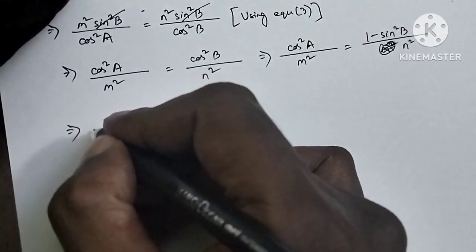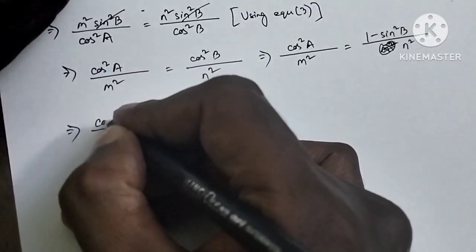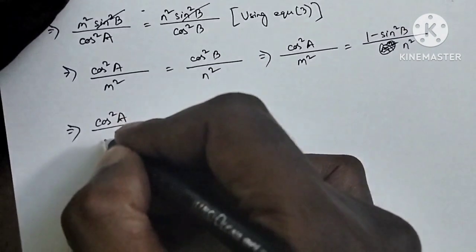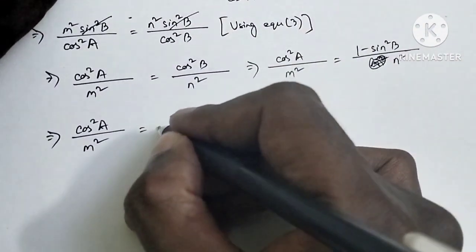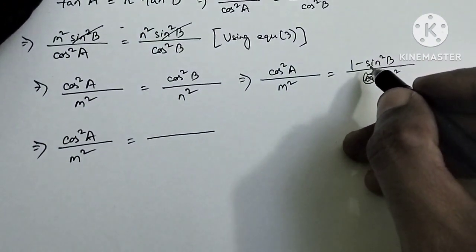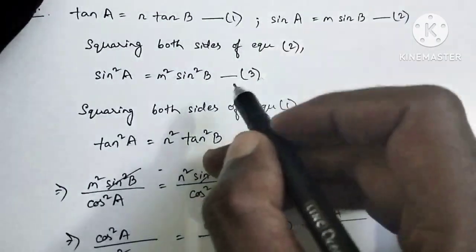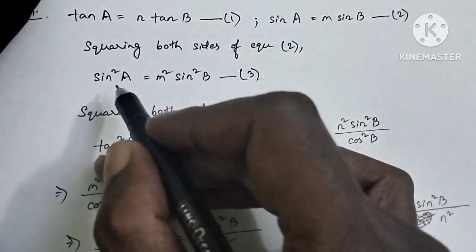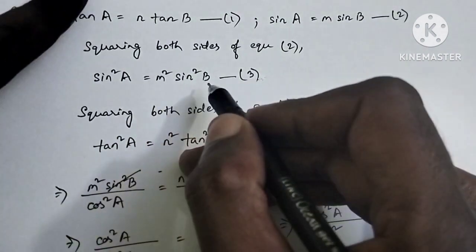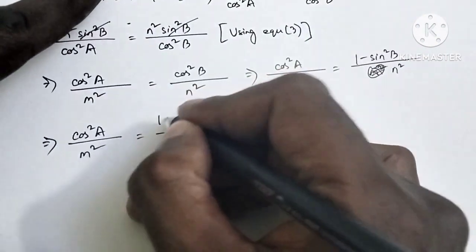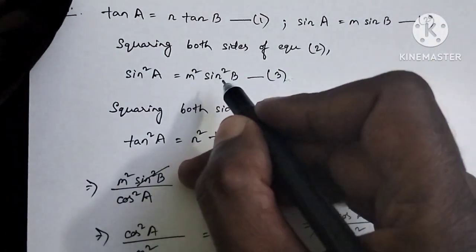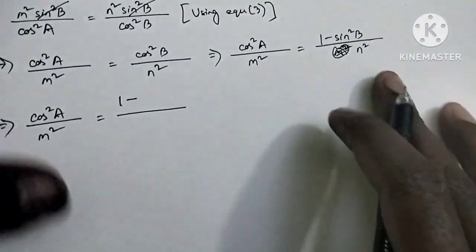Cos square A by m square is equal to sin square B. In equation 3 we have done that sin square A is equal to m square sin square B. So I can write 1 minus sin square B, I can write it as sin square A by m square.